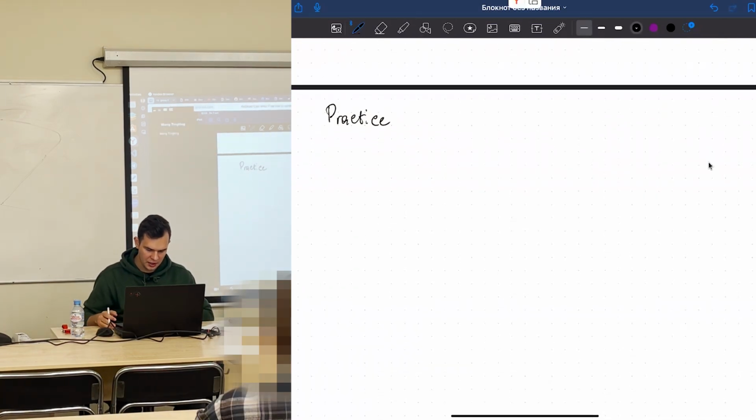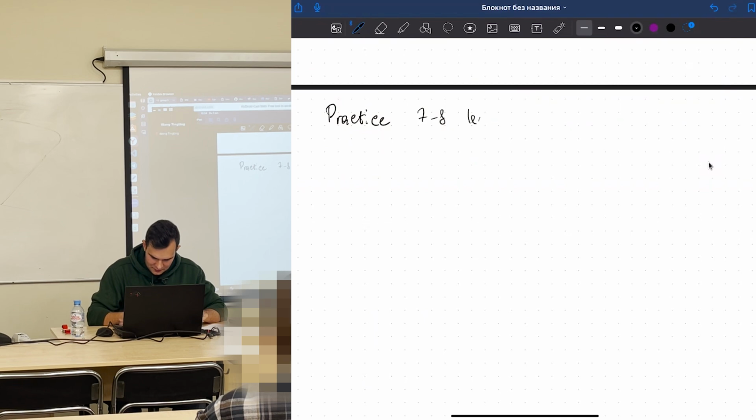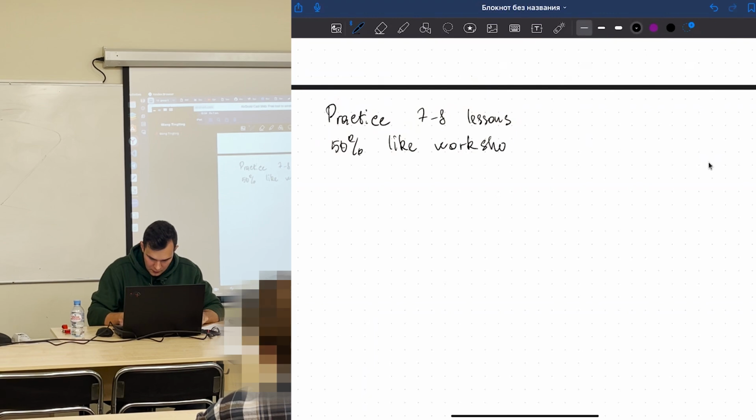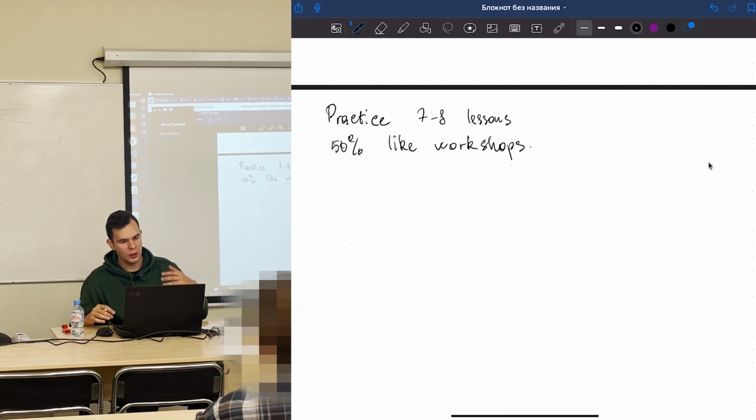As for the practice, it will be like 7 to 8 lessons, and one part of it will be workshops, when the guys will give you some insights, some basic knowledge, how to work with the documentation, and some comments on the examples that you can find on GitHub.